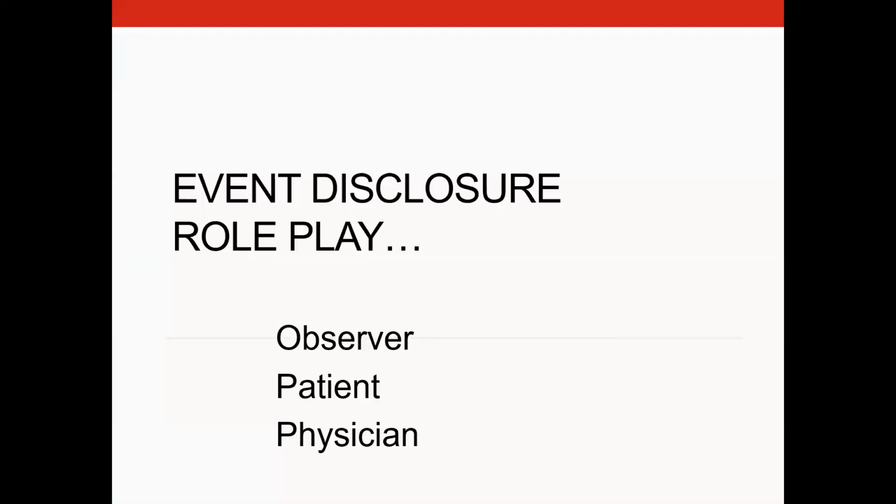All right, so we're going to do role play number 1. You have hopefully in your hands among 3 of you an envelope with a patient, a medical provider, physician, and an observer. So the observer is going to look at the SPIKES elements. The patient will be the patient role. The physician will be the physician role. Don't share those with each other. No cheating.